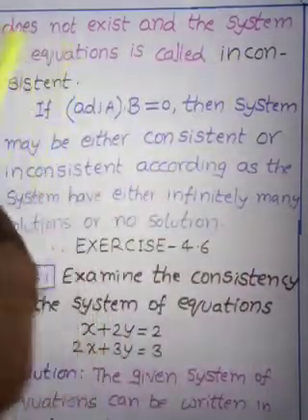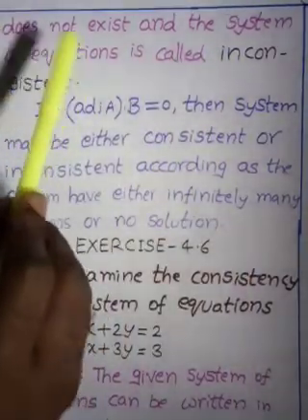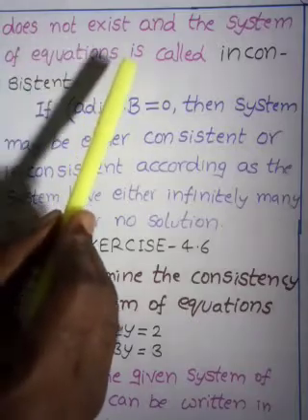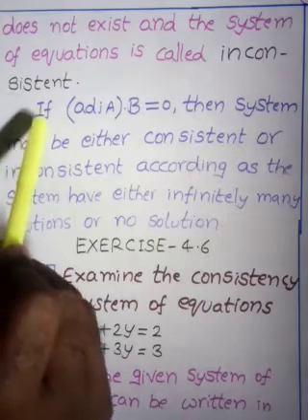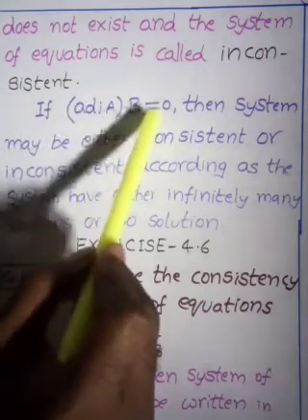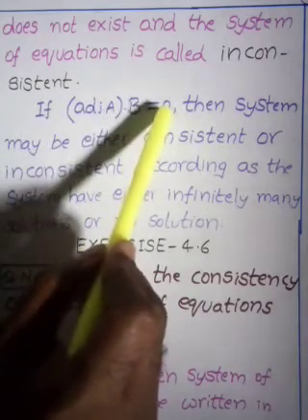In that case, if you get adjoint A into B not equal to the zero matrix, the system is said to be inconsistent.